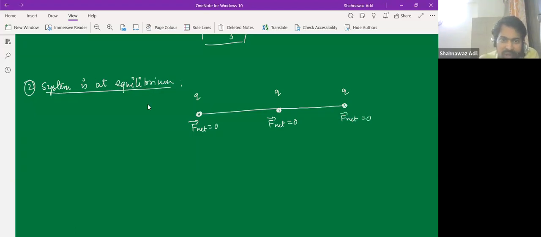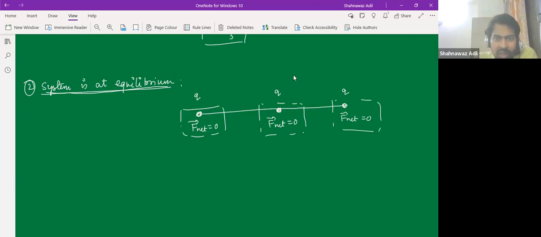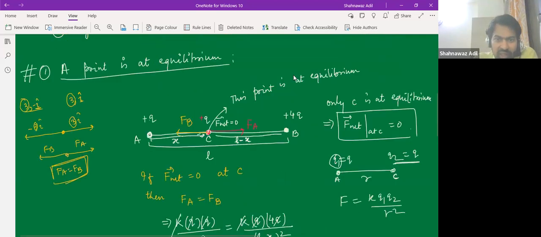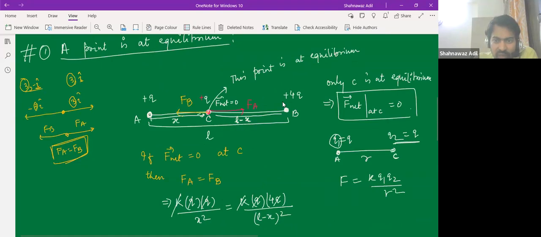Because what is the system? System is containing these three charges, right? The system constitutes of these three charges. And when the system is at equilibrium, which means that all these individual charges are at equilibrium. In the previous case, when one point was at equilibrium, we didn't think about the other two charges, right?